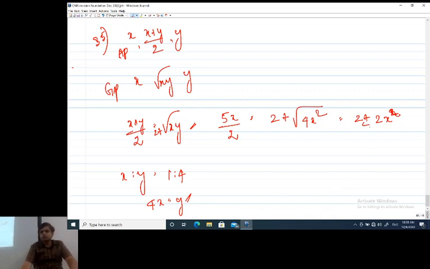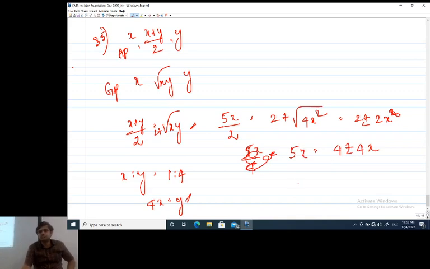Now take 2 common and bring it below, or you can take 2 to the other side. Either way works. Take 2 to the other side, we will make the fraction nullified. 5x equal to 4 plus or minus 4x.